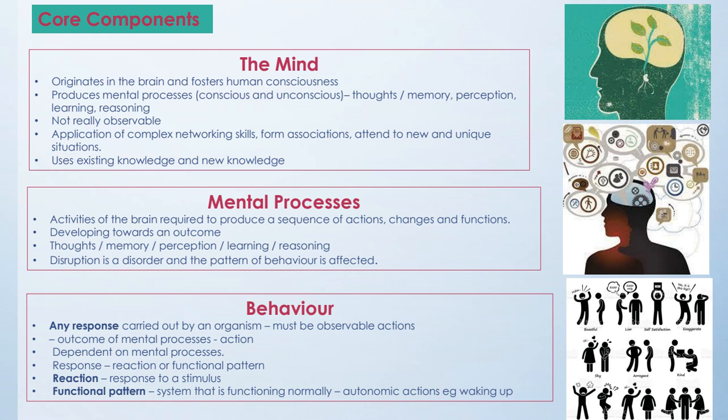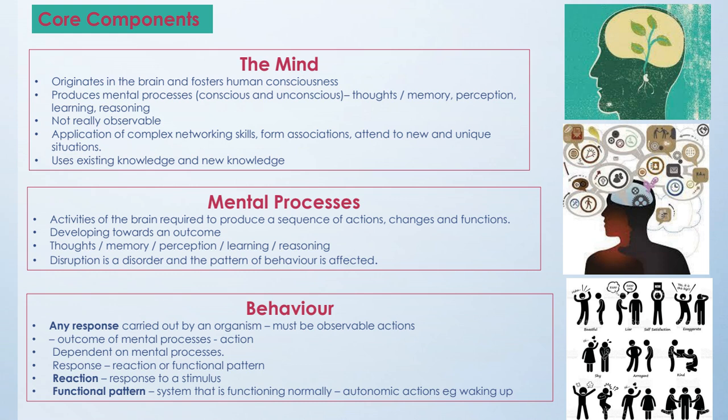And the behavior, when we talk about behavior in psychology, behavior is observable. It's any action or response that's carried out, okay, that can be seen. So it's the outcome of a mental process. So we have our mind. Inside our mind, these mental processes take place: thinking, perception, reasoning, whatever it might be.